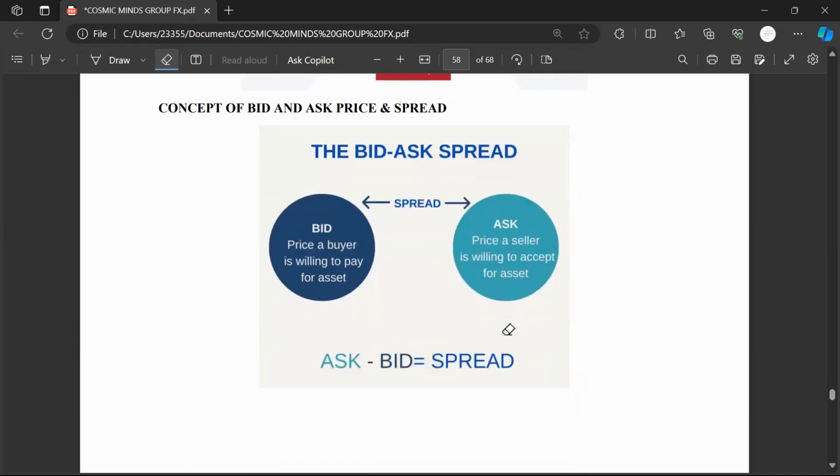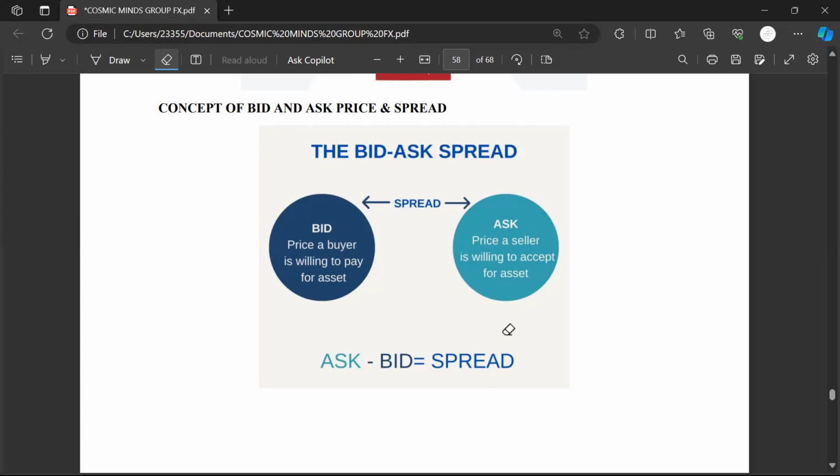Now let's have a look at the second term. It's called spread, right? Now I'm adding it because the spread and the exchange rate go hand in hand. You can even use them interchangeably. So the spread is the difference between the bid and the ask price.